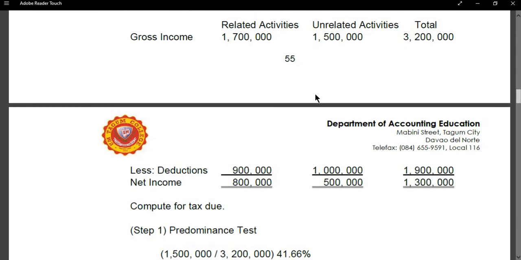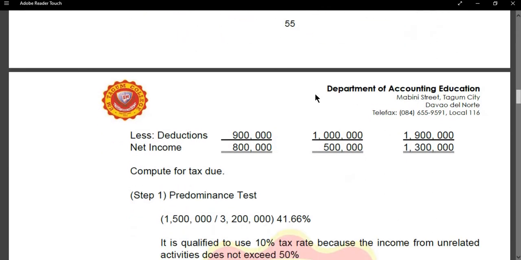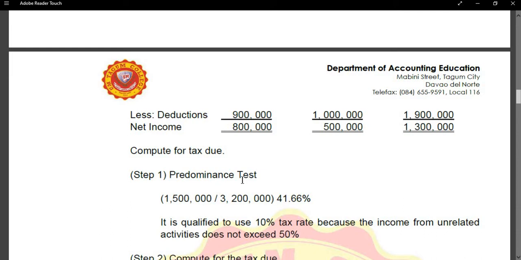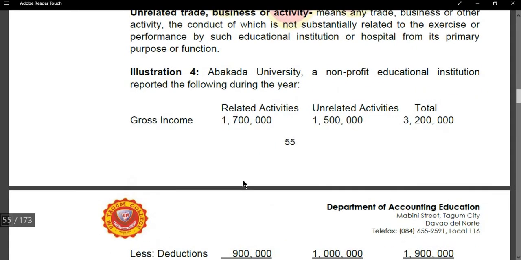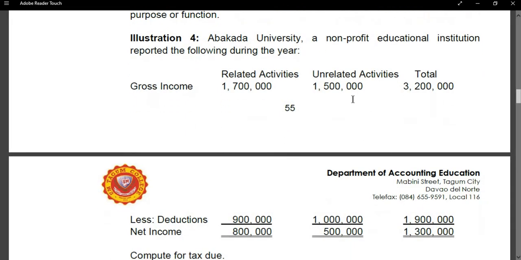So to compute for the tax due, step 1 is the predominance test. Here you will test if the ratio of unrelated activities is within the threshold of 50% of the total gross income. So in this case, you use the gross income, not the net income.